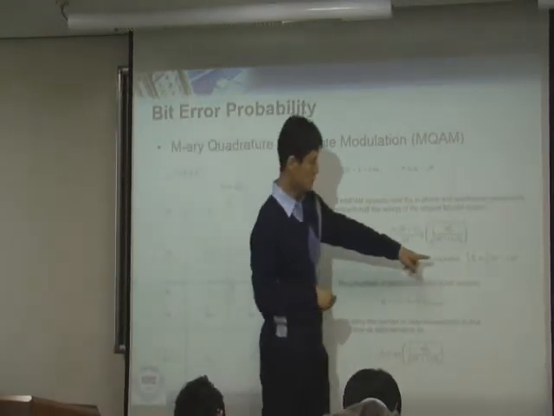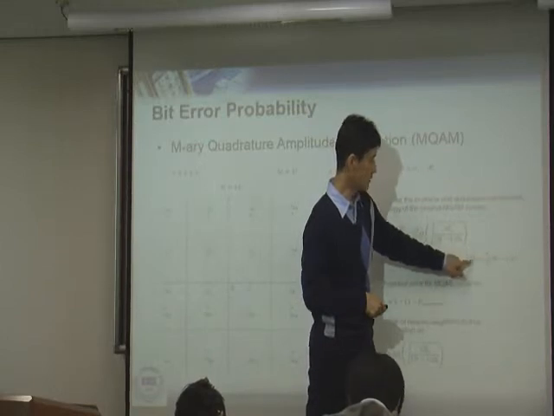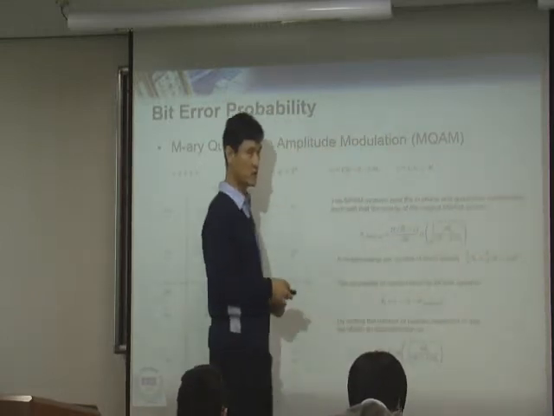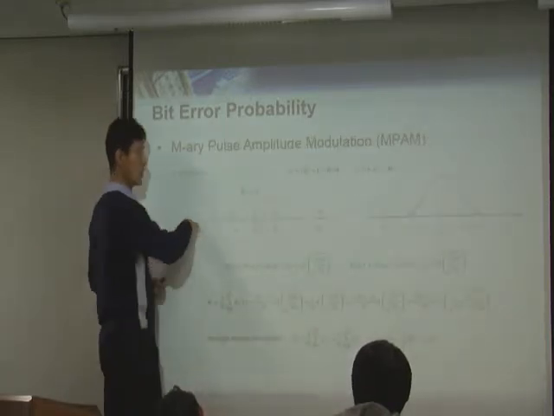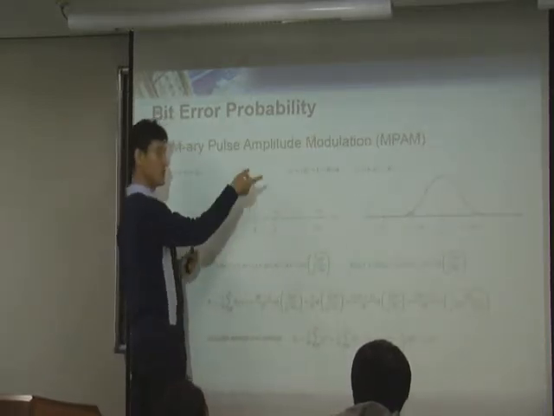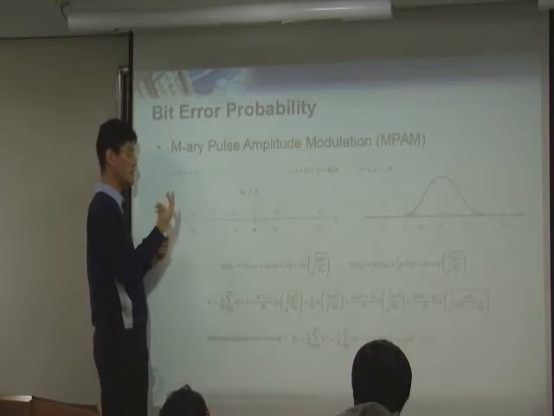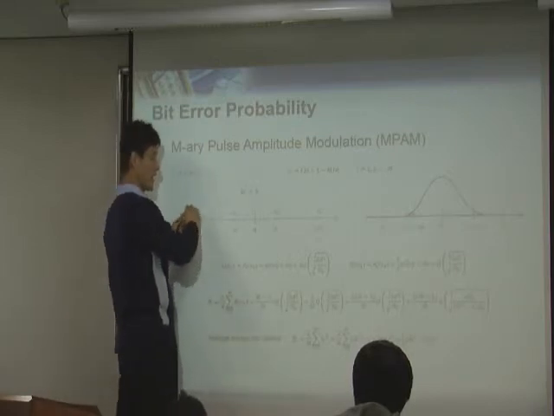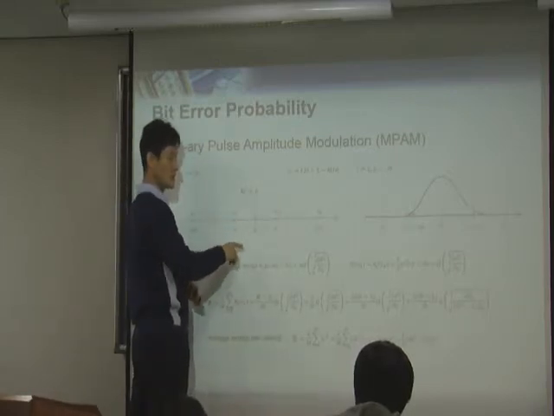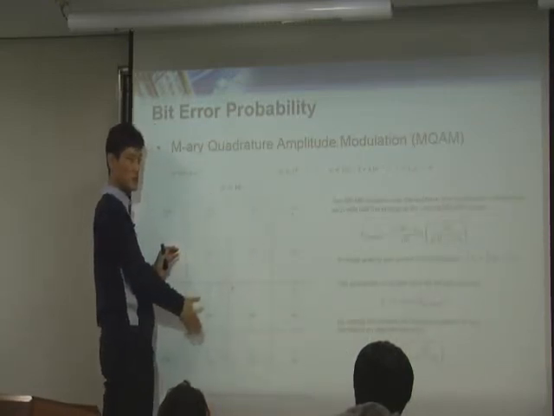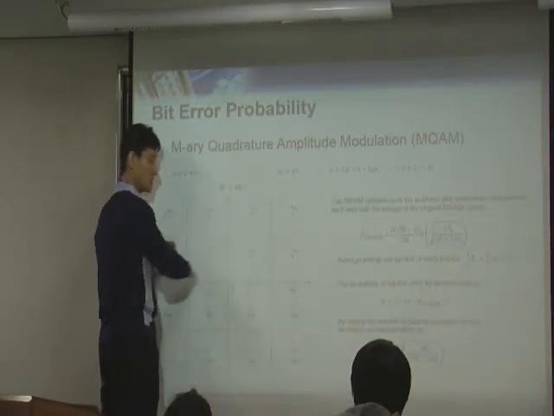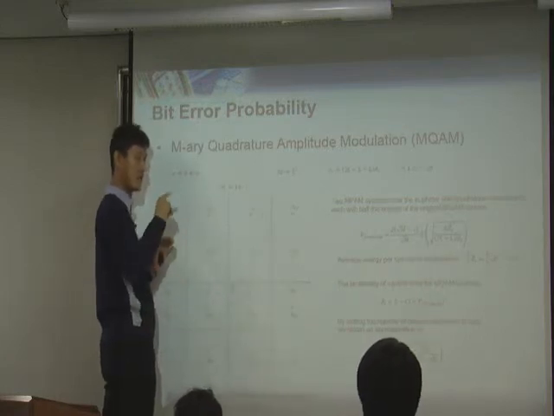So therefore, you think about half energy. Why is it half energy? Because we want to keep the same energy. Earlier, we have only one pulse amplitude modulation. So if you think about the energy, right, then we have average energy of E_b. But now we have to think about 2 pulse amplitude modulations. So each pulse amplitude modulation has to have a half energy.